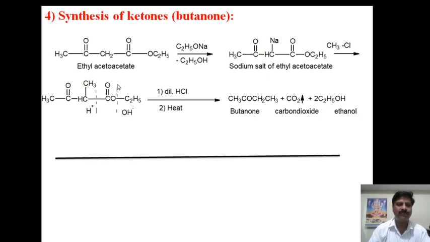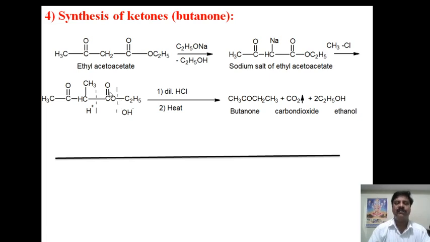Here two fragments are formed: one is ethanol, and another is carbon dioxide. Actually, first on dilute acidification with HCl, ethanol is removed and the acid is formed.